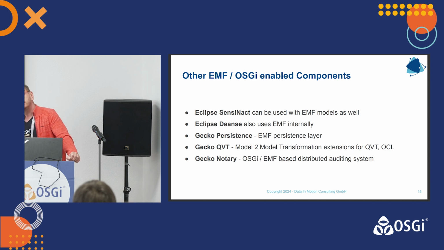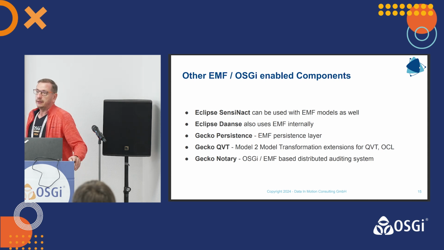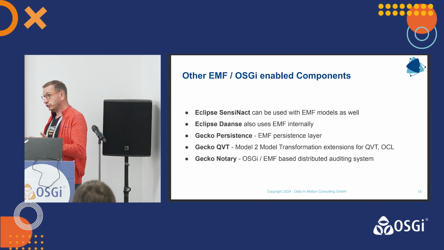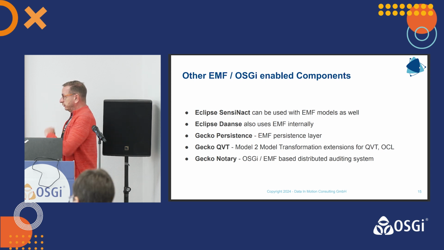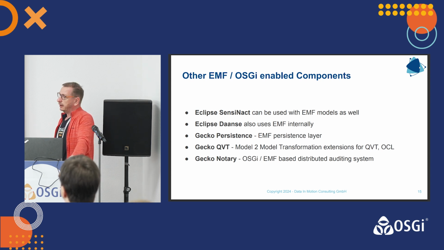And in addition to that, we have a third component, the Gecko notary system. We call it the digital notary system. And this is a distributed OSGi component. You can hook into other third-party applications, and you can audit certain activities. Maybe you have a transformation of GDPR-related data, you have to document that, and you can use that system just to hook in and say, okay, this is my source model, this is my destination model.